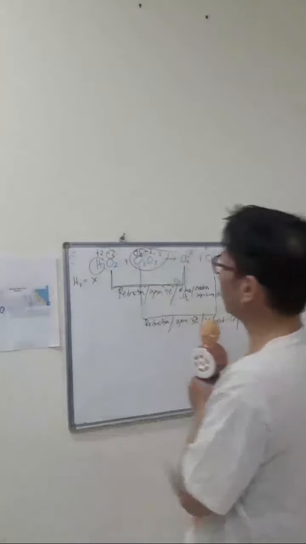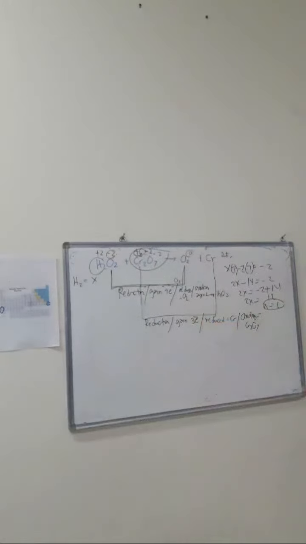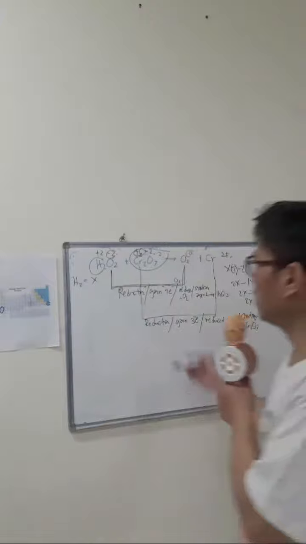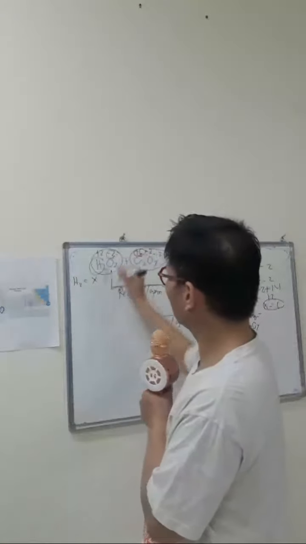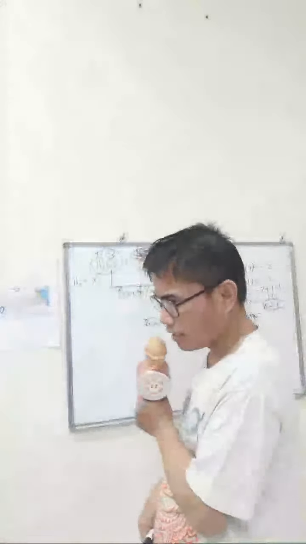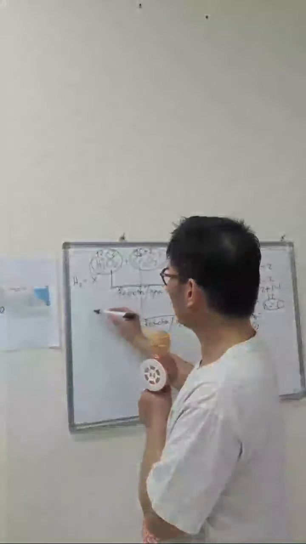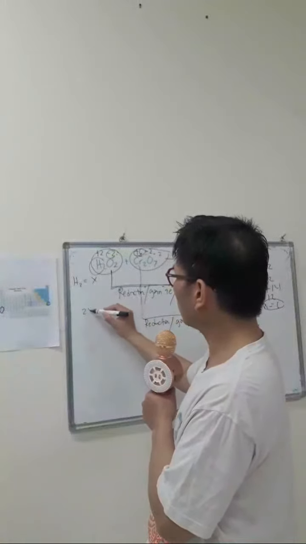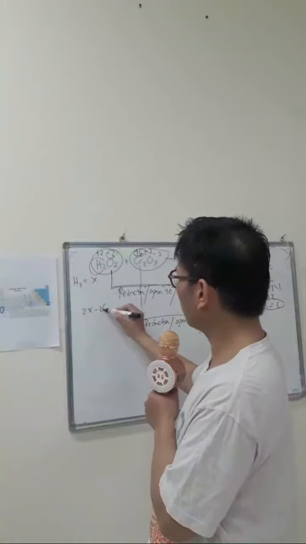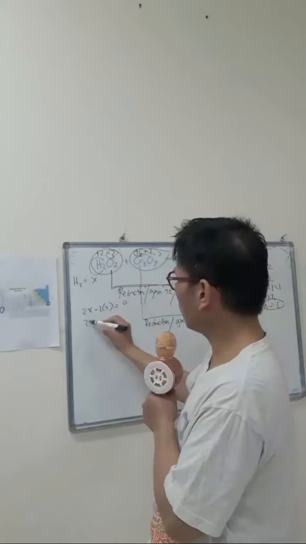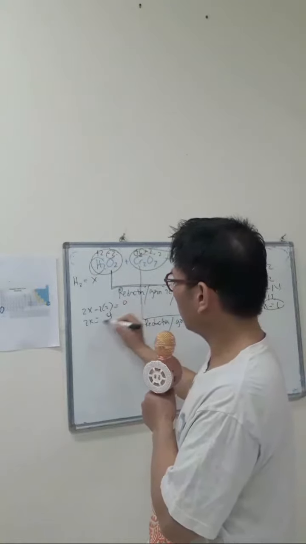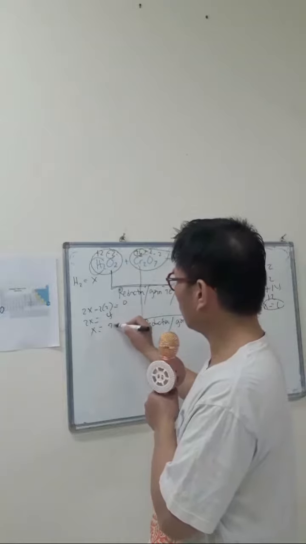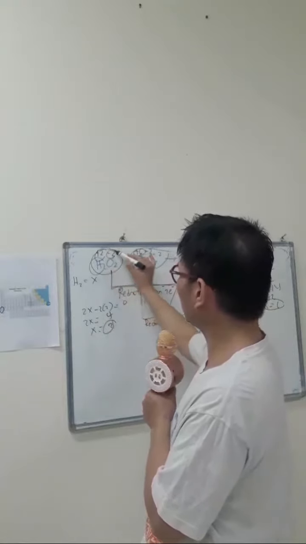Then hydrogen peroxide is 0 overall: 2x plus (-2 times 2) equals 0, 2x equals 4, x equals 2. So hydrogen really is 2.